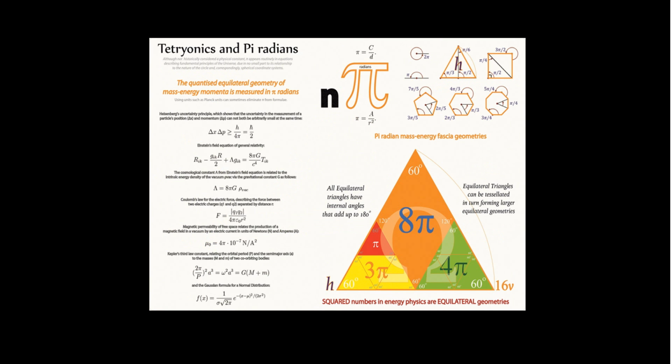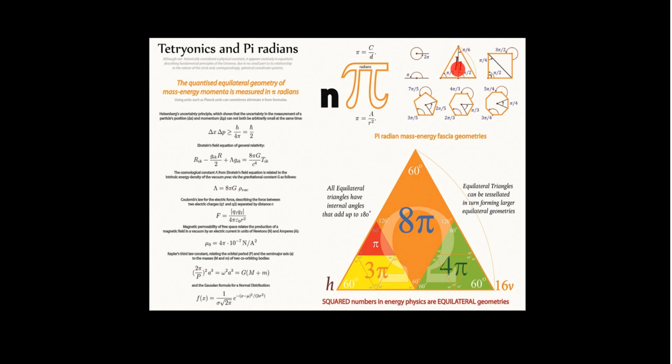It does this by simply relating pi radians to an equilateral triangle. An equilateral triangle is nothing more than a truncated pi radian. A pi radian, of course, is created when you take the radius of a circle, map it out over the circumference, and create an angle.